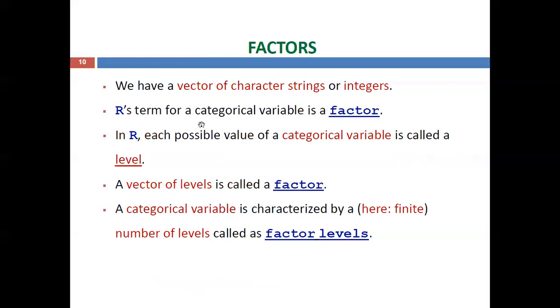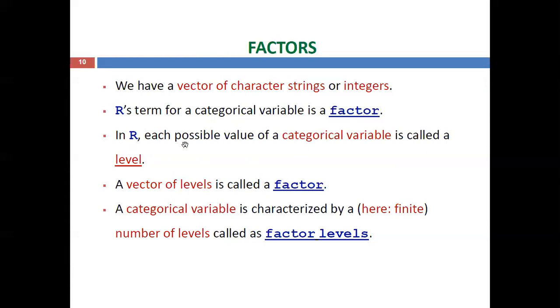Then coming to this, we have a vector of character strings or integers, a vector which is a combination of either character strings or integers. R's term for a categorical variable is factor. In R software, the equivalent term for implementing factors is factor, singular, all lowercase letters.